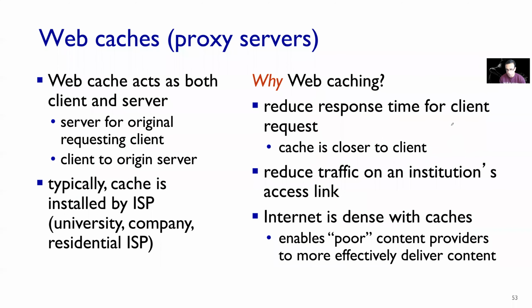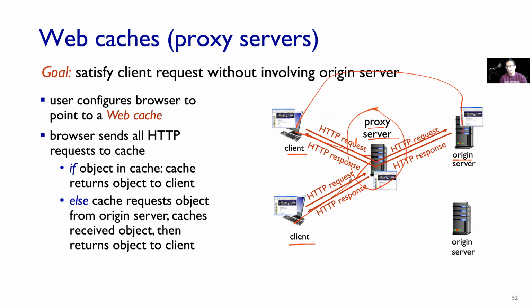So in that sense, it's also a monetary benefit because you're reducing the traffic on the institution's access network. And you can think of a cache as a sort of poor way to do some content distribution. I mean, as a content provider, you don't necessarily have control over these caches because the caches are managed by the access ISPs.